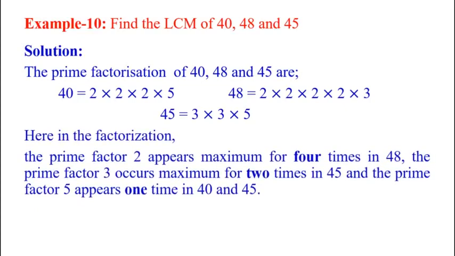Here in the factorization, the prime factor 2 appears a maximum of 4 times, in 48. The prime factor 3 occurs a maximum of 2 times, in 45, and the prime factor 5 appears 1 time in 40 and 45.